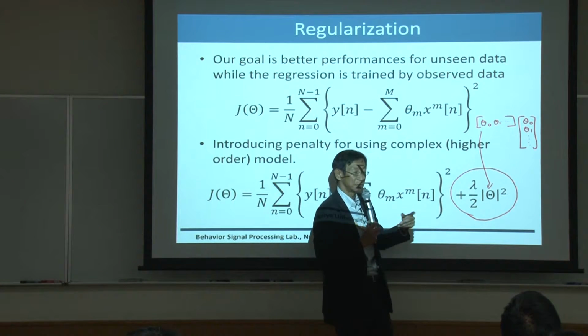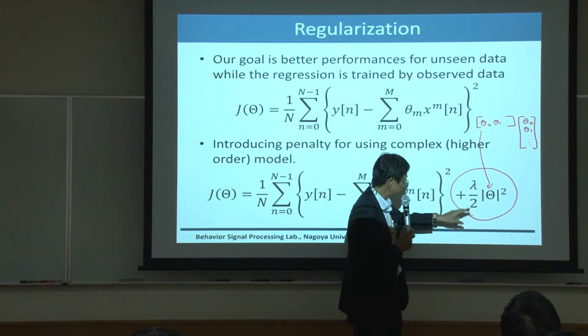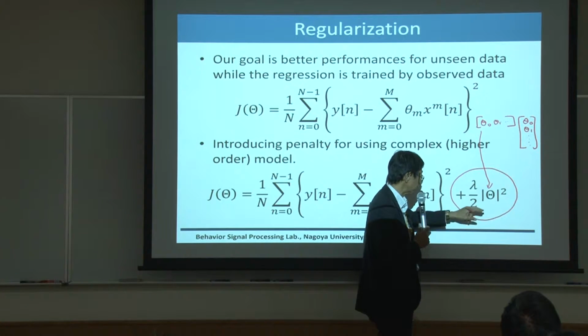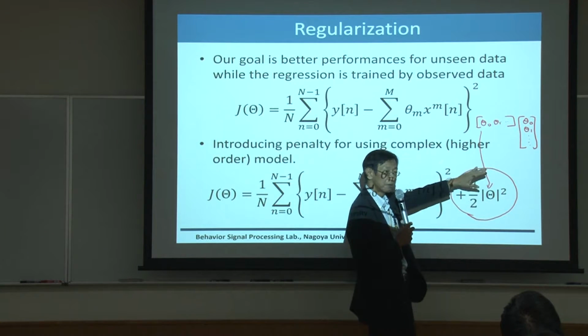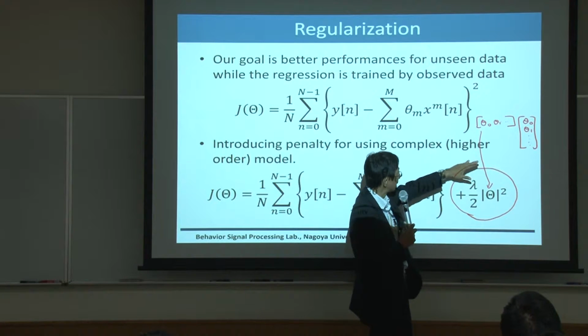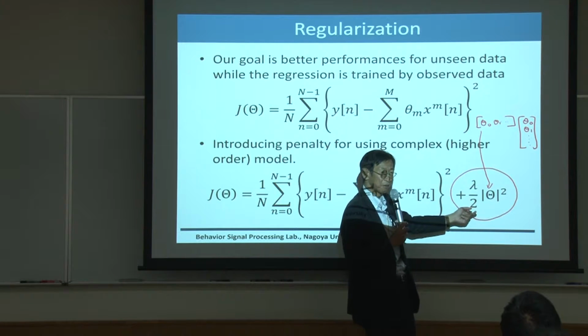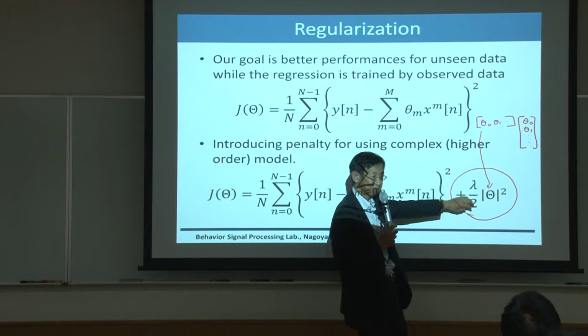Suppose a very extreme case that theta is 0, nothing. Then this is very small, 0, the minimum value of the absolute value squared.